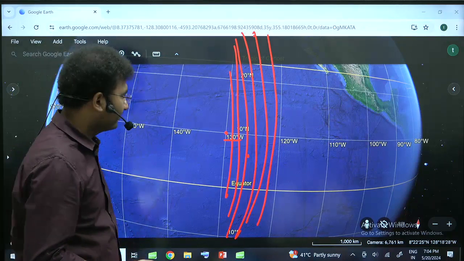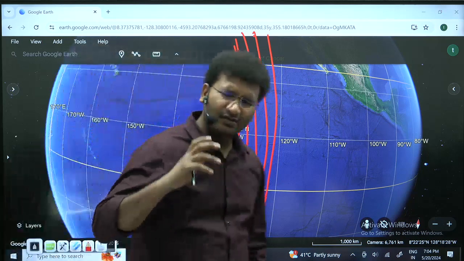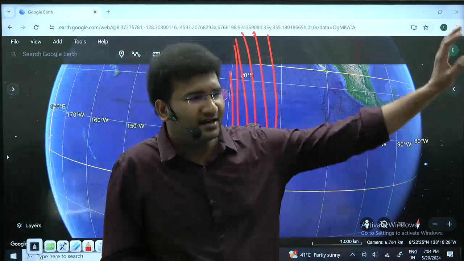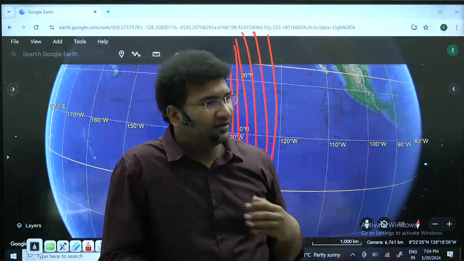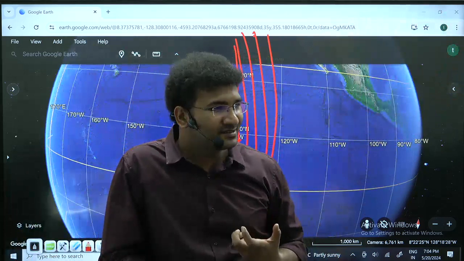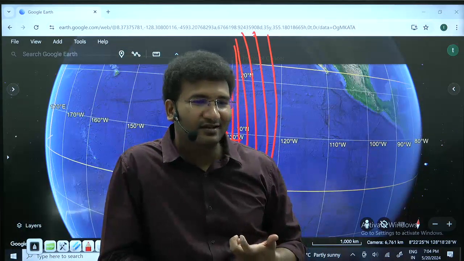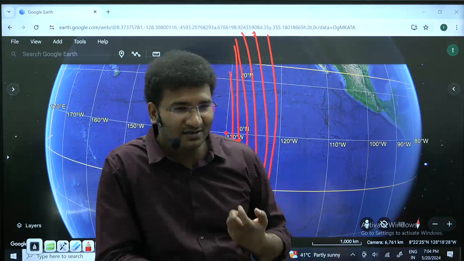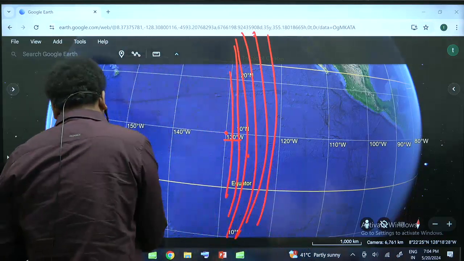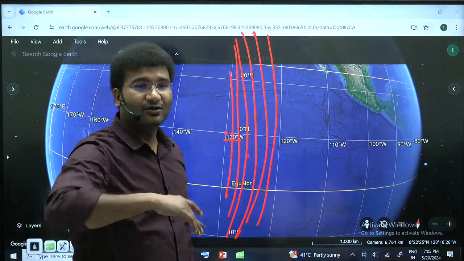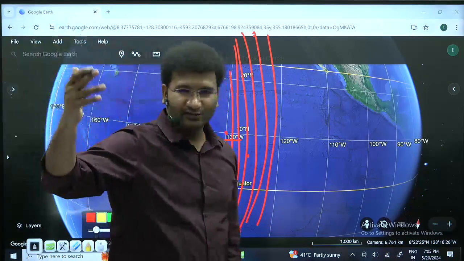Okay? However many degrees we want, we calculated and mapped with satellites. Today we use GPS. What is that GPS? Global Positioning System. The Global Positioning System means it has drawn all the latitudes and longitudes by using the satellites.